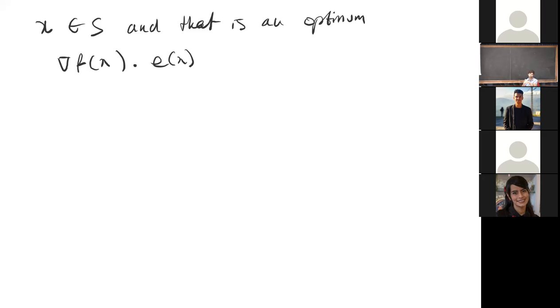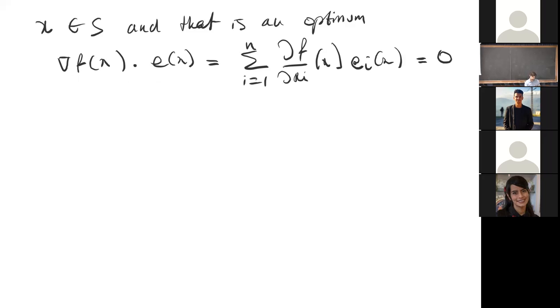We don't want to move in a direction that goes out of this surface. So we want to stay on it. So that's why you need to project the gradient along the tangent. Mathematically, I just write it explicitly. It must be 0.